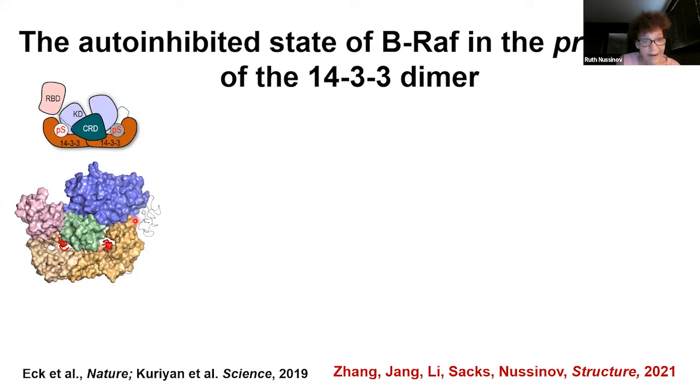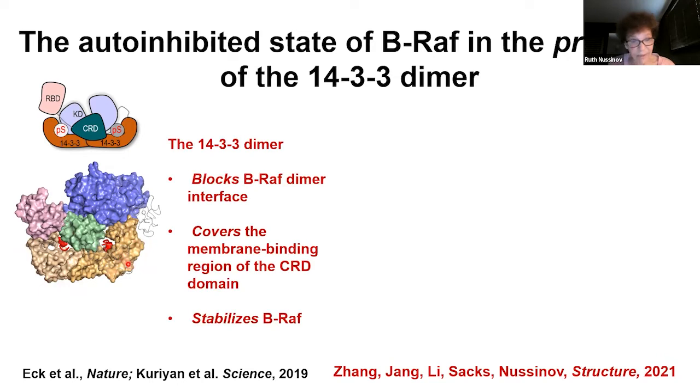So here we have the structure, and at the bottom is the 1433. What we observe from the simulations is that the 1433 dimer blocks the RAF dimer interface, which is required to be formed for RAF's activation, and it covers the membrane binding region of the cysteine-rich domain.